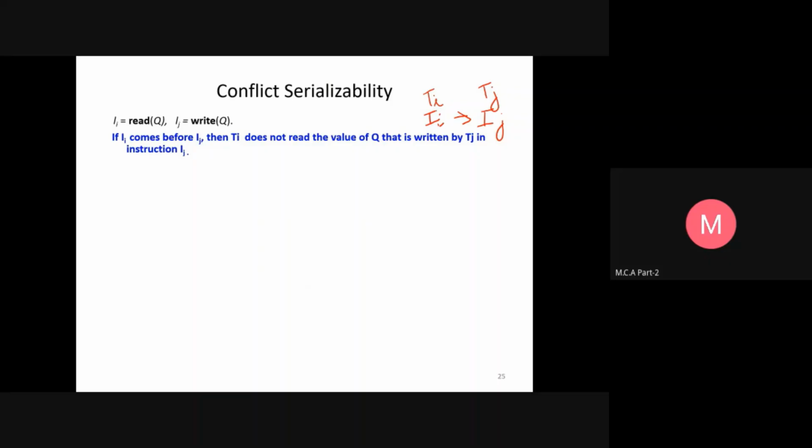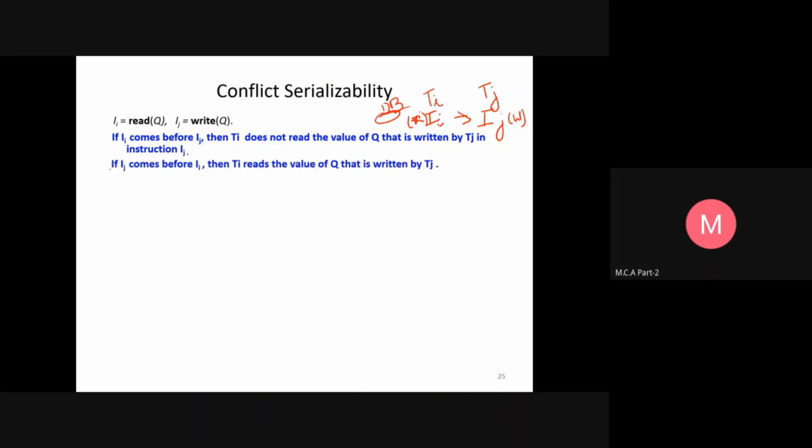So Ii is doing a read, and Ij is doing a write. Since Ii comes before Ij and the write has not yet happened, transaction Ti is basically reading from the database, not the updated value. This is the read that is being done. Okay, let's look at the next statement.